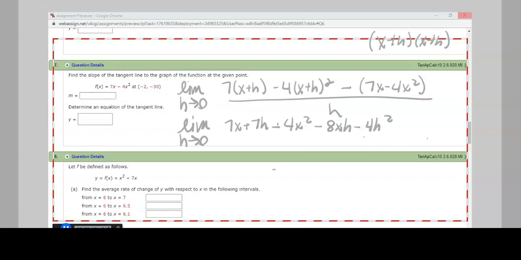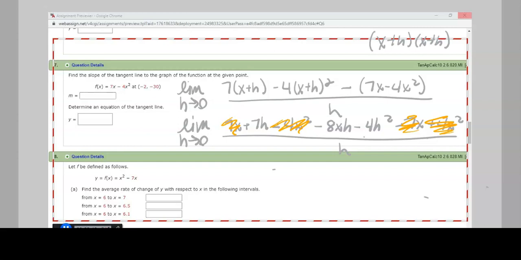Okay, so I distributed, I got an x squared plus a 2xh plus an h squared, but then I distributed through a negative 4. Then I've got a negative 7x plus 4x squared all over h. And now I can start reducing stuff. So here's a 7x, here's a negative 7x, here's a negative 4x squared, here's a positive 4x squared.